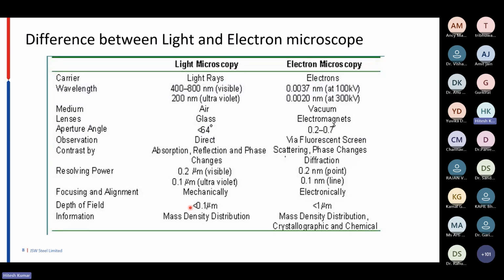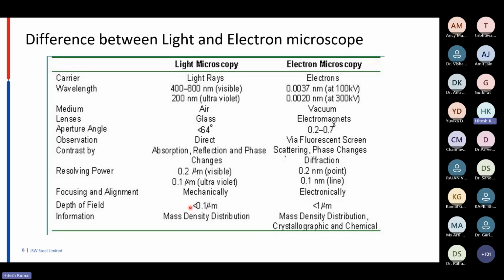The depth of field and the information we get from light microscopy is basically mass density distribution. But in electron microscopy, we get the chemical composition, mass density distribution, as well as crystallographic texture, like how your grains are oriented, what type of texture is there in your material.